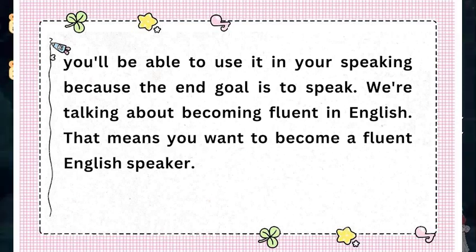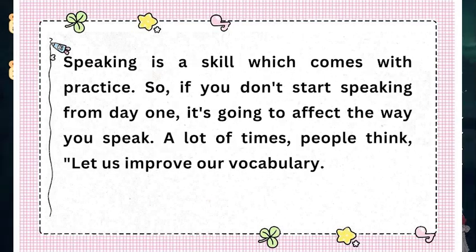We're talking about becoming fluent in English. That means you want to become a fluent English speaker. Speaking is a skill which comes with practice. So, if you don't start speaking from day 1, it's going to affect the way you speak.